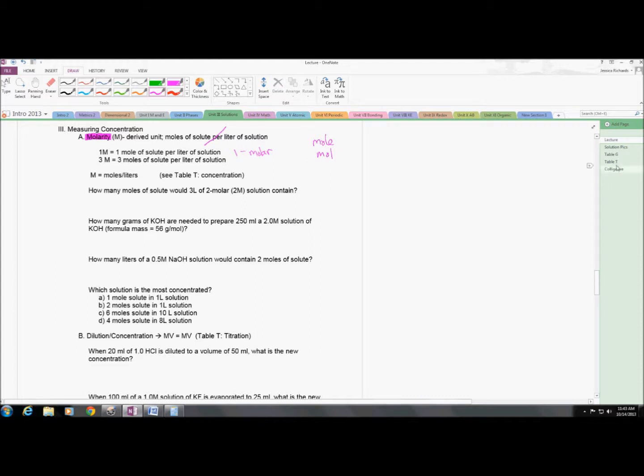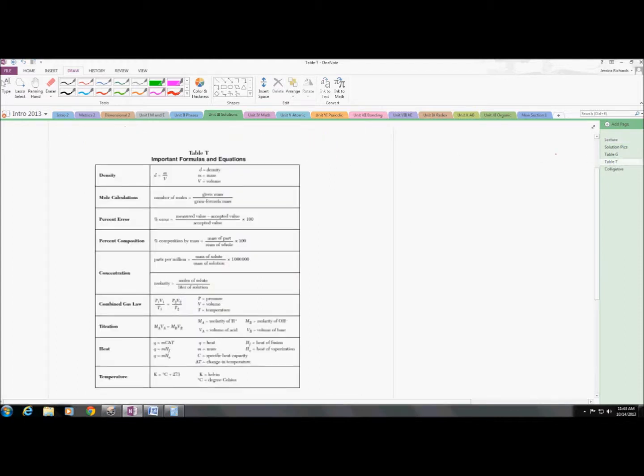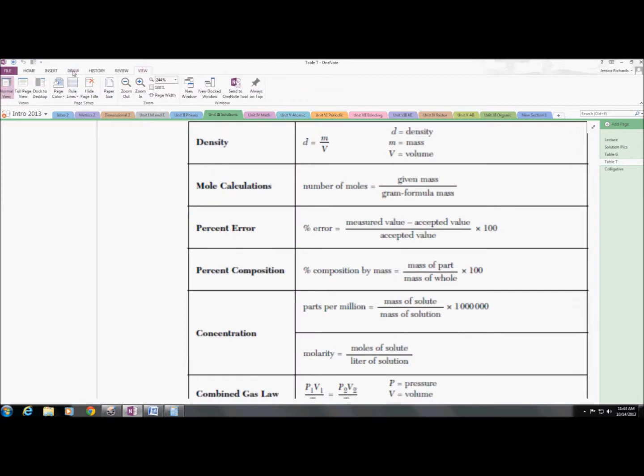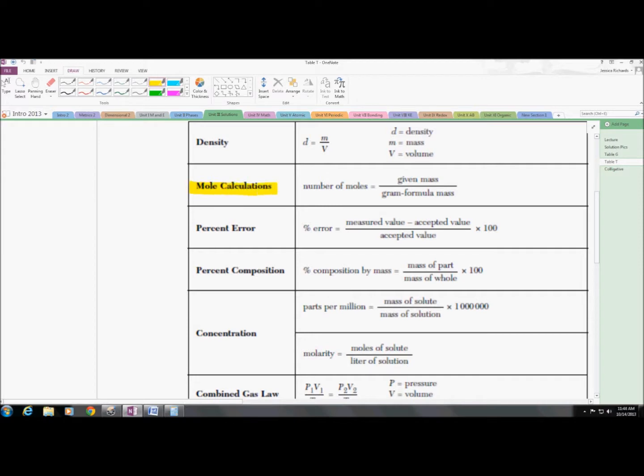So right now, get out reference table T, and let's look at the equations. We have a box for mole calculations. Mole, M-O-L-E, not molarity, but mole. Moles are going to be the mass of the compound that you're given divided by their gram formula mass. Molarity down here is part of concentration.